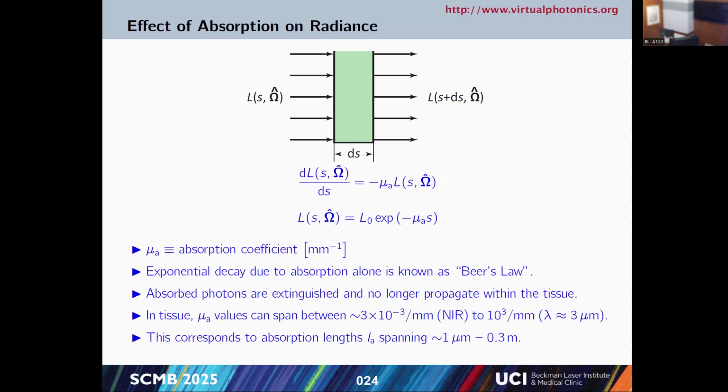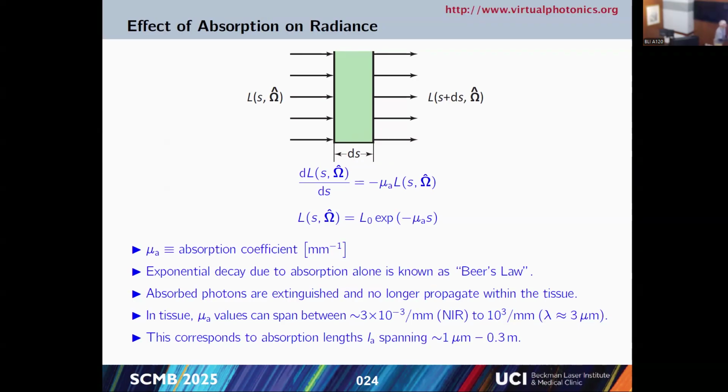The change in the amount of light available after propagating a differential thickness, ds, is just given by the amount of absorber you have, we'll call that mu a, times the amount of light that you put in. And then you do elementary calculus, you go dL over L equals minus mu a ds, and then you integrate, and you get the classical Beer's law.